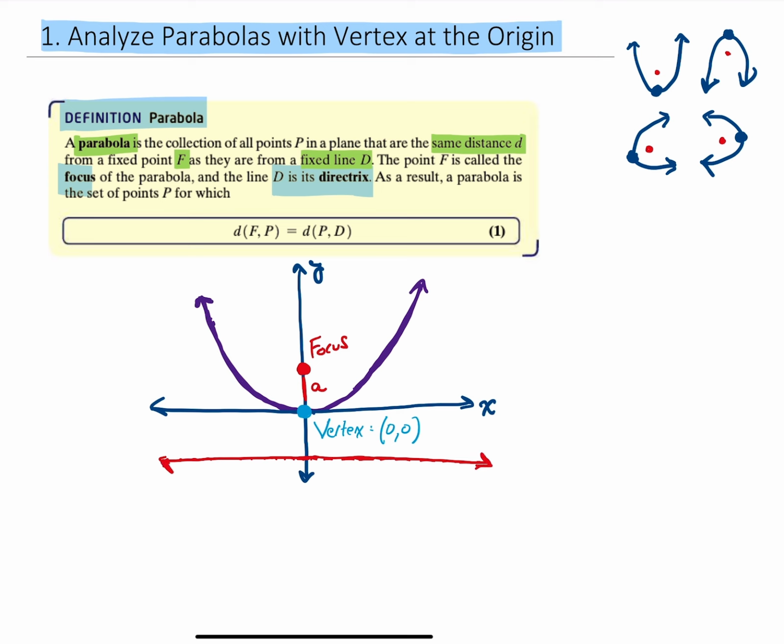This is what we're calling the directrix. So if we're looking at the vertex point, that's a good starting point as our example of having these distances be the same. The distance from the vertex to the focus should be the same distance from the vertex to the directrix. So I can also call this A.